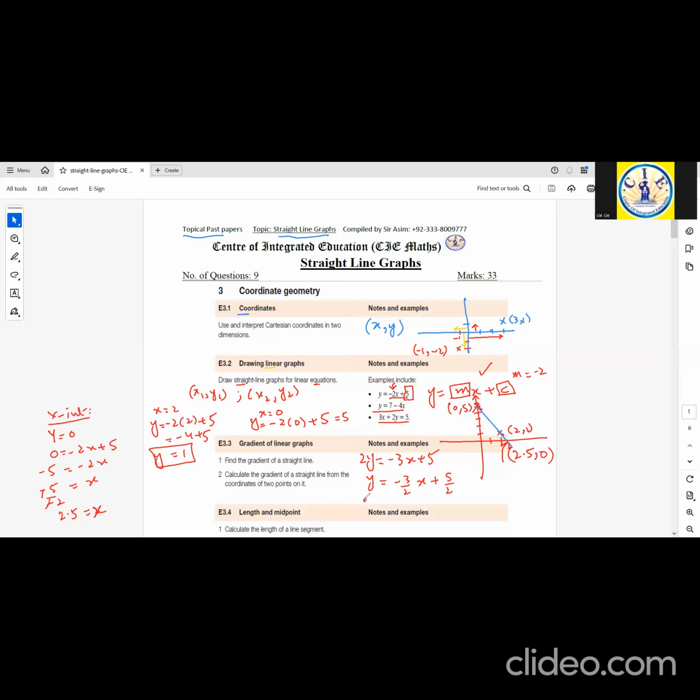So simplifying it further, negative 1.5x plus 2.5. So now the gradient of this line is m, that is negative 1.5, and the y-intercept is going to be 0, 2.5. So c is 2.5. So its graph would be drawn as we have drawn this graph. So this was a little explanation of this course content.